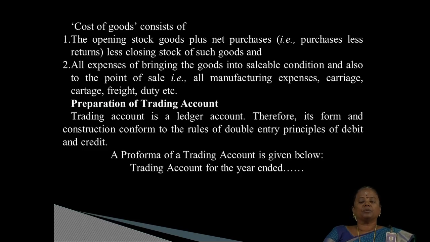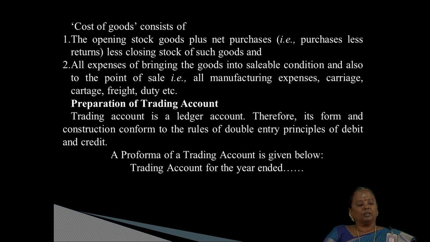The preparation of the trading account involves the principles of the double entry system. The trading account is a ledger account. Therefore, it follows the rules of double entry principles of debit and credit.